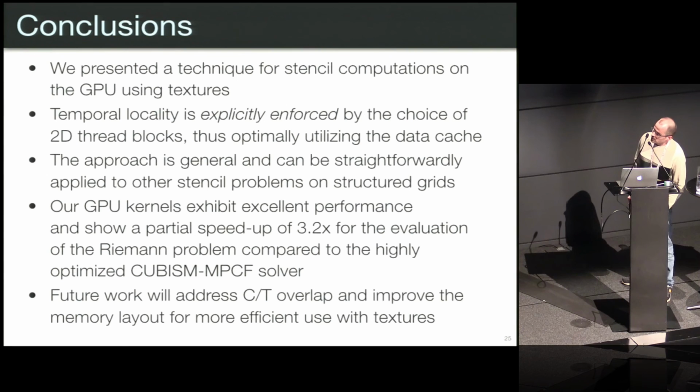And maybe a quick outline of what we plan for the future. We will certainly address an improved compute transfer overlap for our current MPI implementation. And one other thing we want to look at is to improve the memory layout when we bind to texture memories, where we can use some sort of blocking to get rid of the expensive CUDA API method we have to call every time.